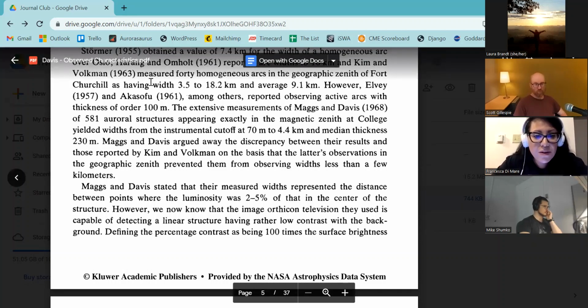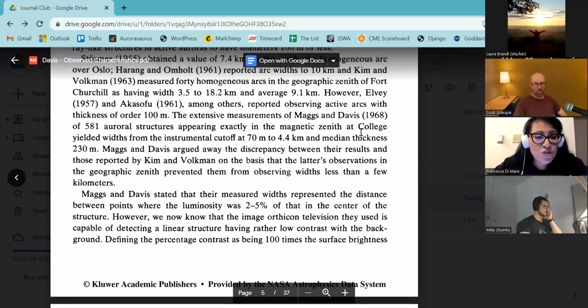Yeah, I lost zenith at Fort Churchill as having width 3.5 to 18.2 kilometers and average 9.1 kilometers. However, Elvey 1957 and Akasofu 1961, among others, reported observing active arcs with thickness of order 100 meters.